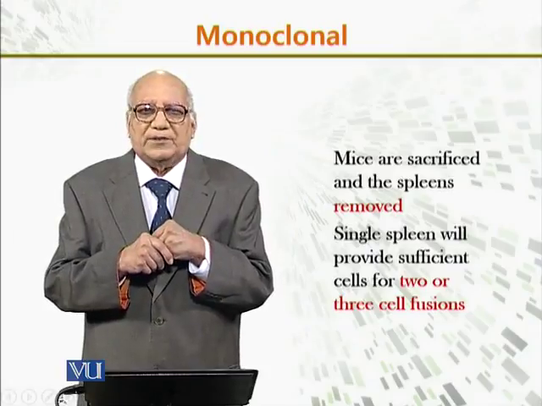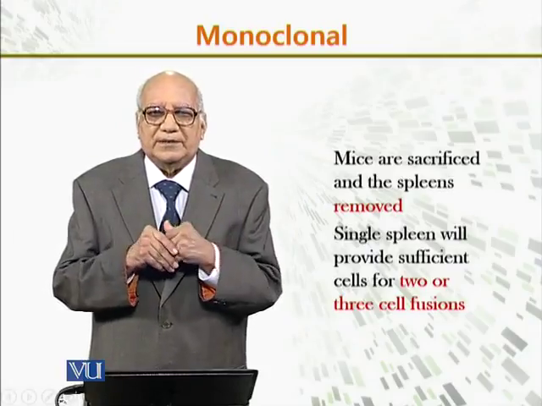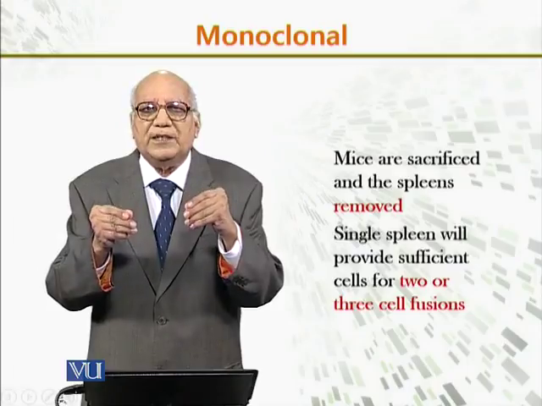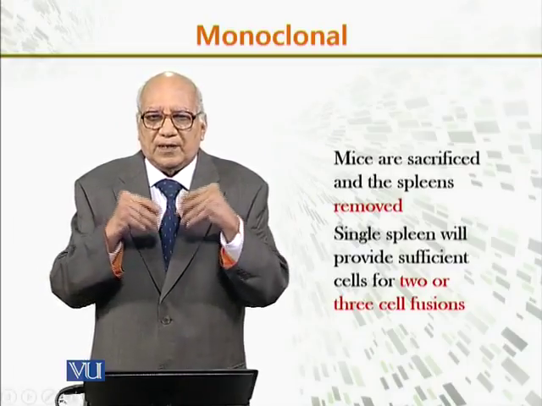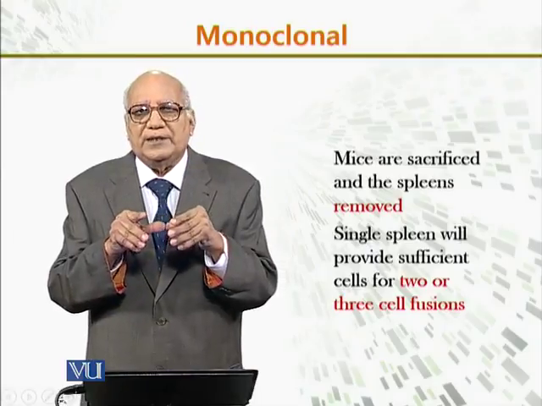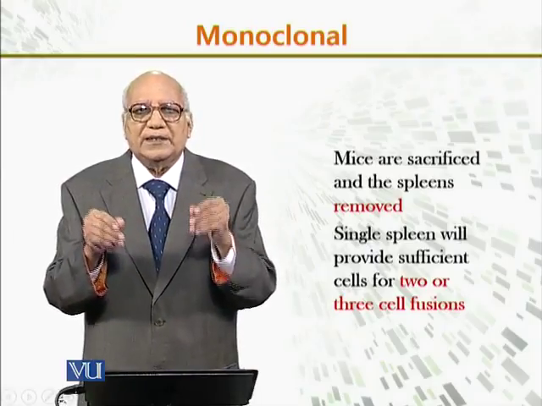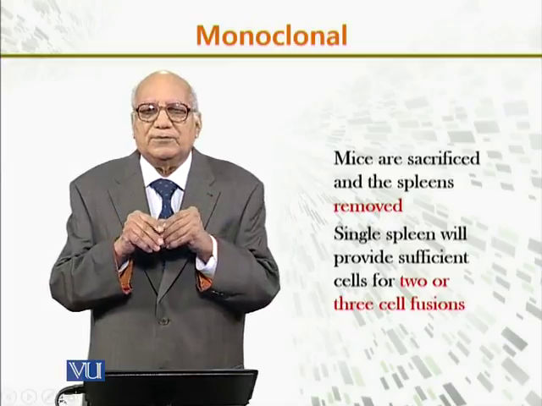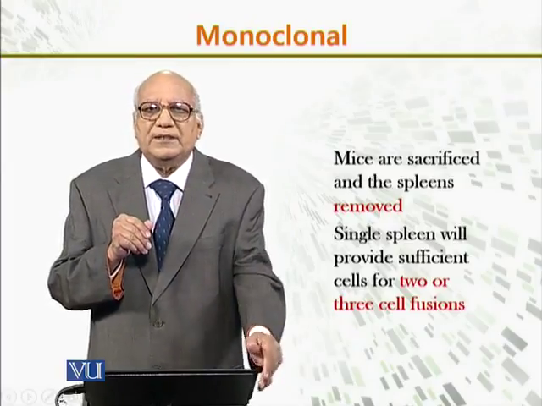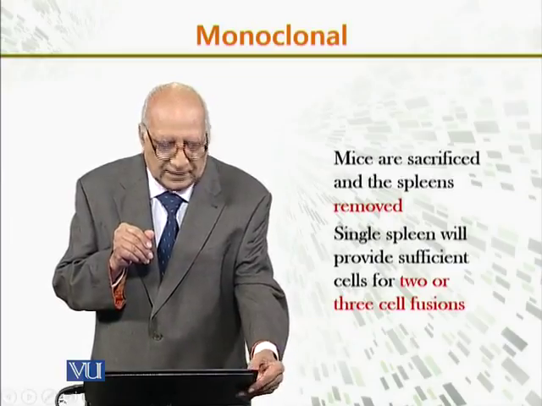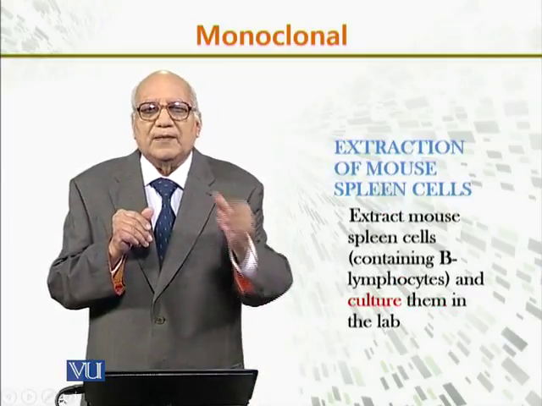A single spleen will provide sufficient cells for 2 to 3 cell fusions, because we have to make a cell fusion after we get the spleen of the mice, where the antibody is accumulated.